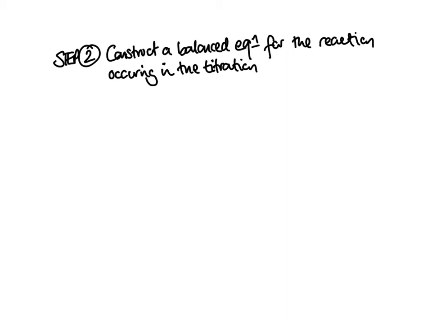If we think back, in the burette we had H2SO4, sulfuric acid, and in our conical flask we have sodium hydroxide. So we construct a balanced equation using the stoichiometry, so we know that it is going to form sodium sulfate, salt, and water.